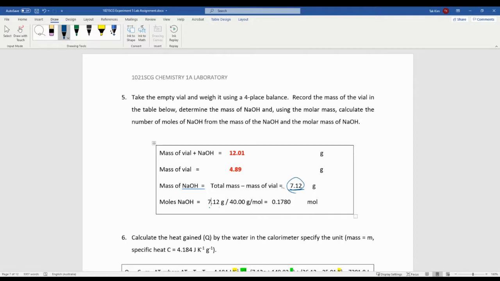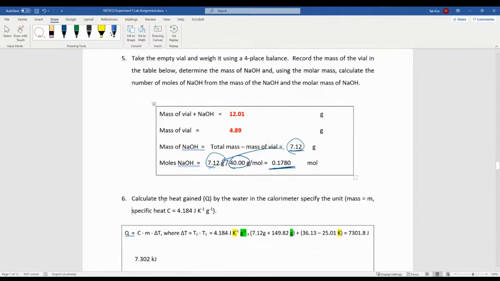The mass is already calculated here, and the molar mass of sodium hydroxide is 40 grams per mole. When you divide the mass by the molar mass of sodium hydroxide, it will give you the number of moles, which is 0.178. The next step will be to calculate the heat gained by the water in the calorimeter.